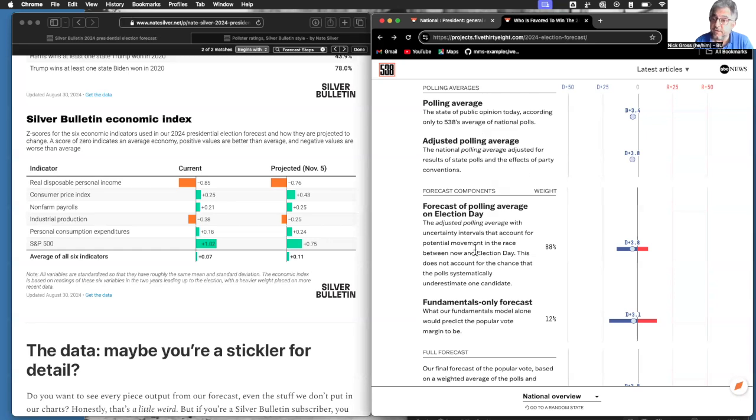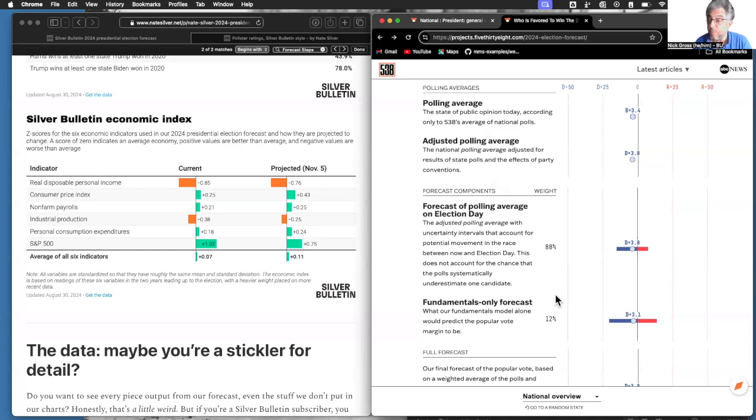In 538, they give you the same sort of thing. They tell you about the polling averages, and right now their election forecast is 88% based on the polling averages. Only 12% of it is based on the fundamentals. My understanding from listening to Nate Silver is that he thinks that weighting is too skewed towards polling averages more than 60 days out from an election, and would like to see more weighting on the fundamentals.